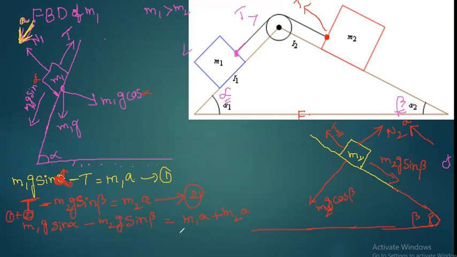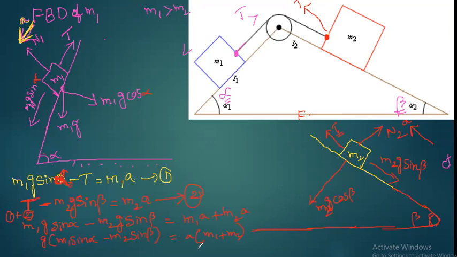And now what are we getting? Let us observe. Which one do we want to calculate? A, no? So can I take A as common? A into m1 plus m2 is equal to g, also common here, g into m1 sin alpha minus m2 sin beta.